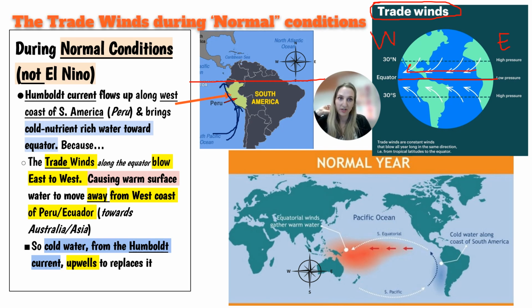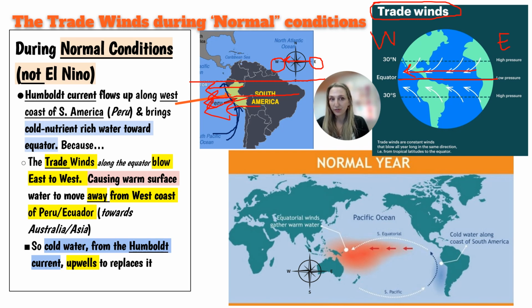Okay, in this direction, east to west. And if they're doing that, well, then they're going to be blowing water off the coast of Peru. So if we're going east to west, we're pushing water off the coast of Peru, off the coast of Ecuador, and that's an offshore wind.